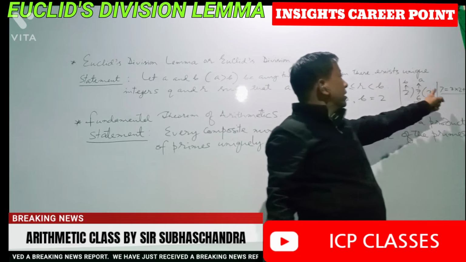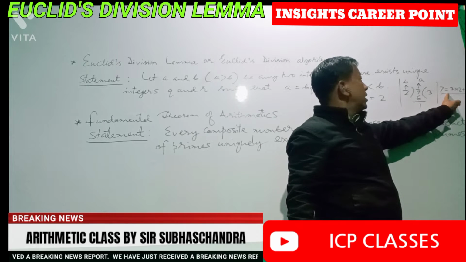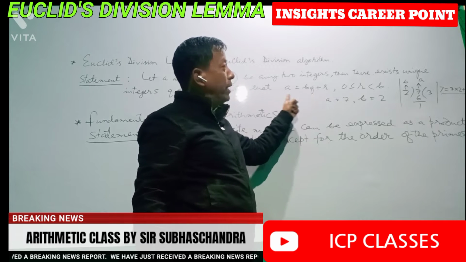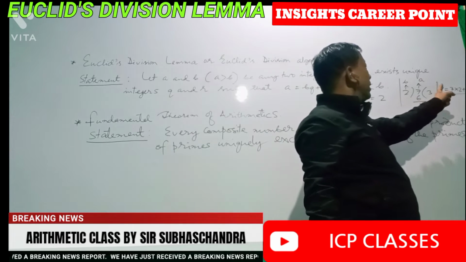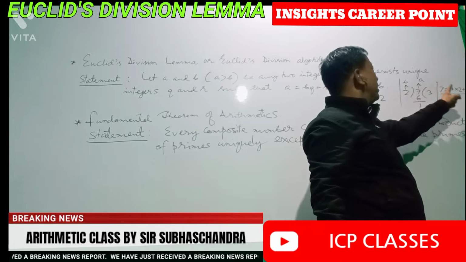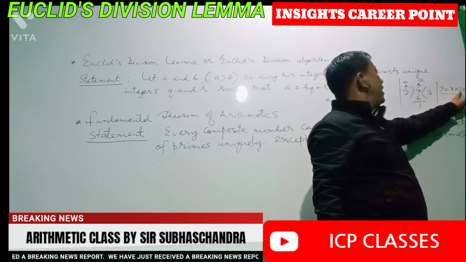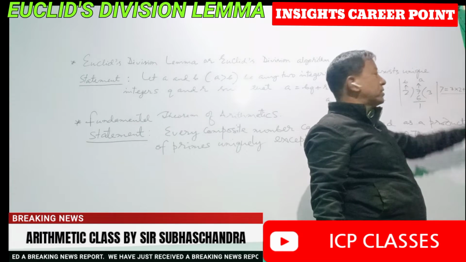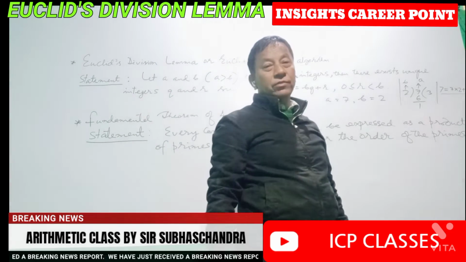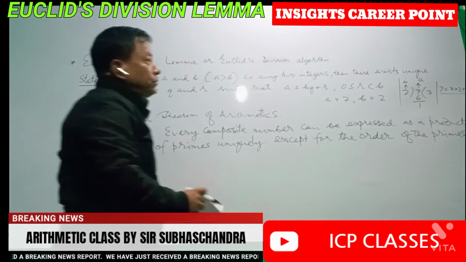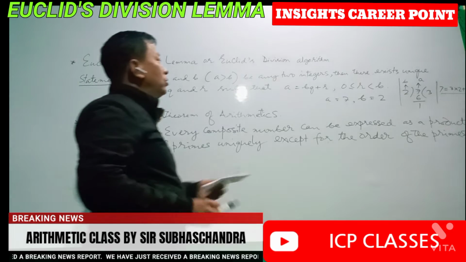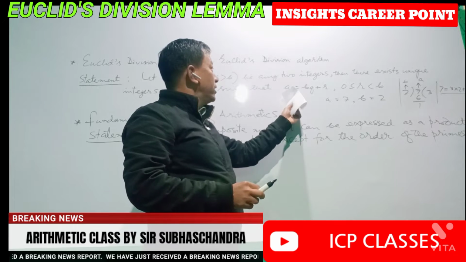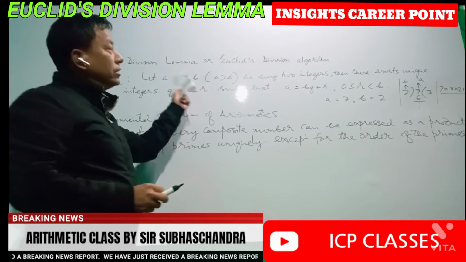This is just similar to the statement: dividend 7 is equal to divisor 2 into quotient 3 plus remainder 1, isn't it? So a equals bq plus r. We get this from the statement.